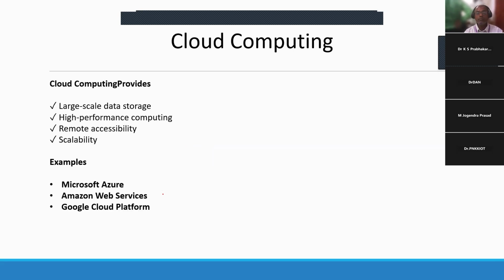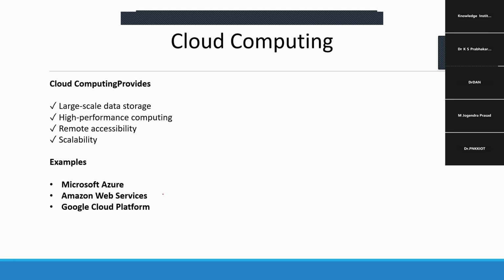Next is cloud computing. Nowadays modern digital twins can generate a huge amount of data. For example, I already told you a single machine can produce thousands of measurements each second. Managing this kind of data is really very difficult, so that's where cloud computing becomes essential.